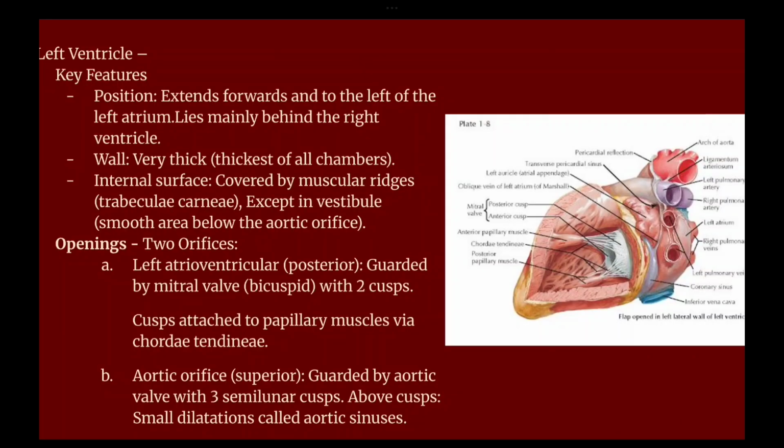Now moving to the fourth chamber, which is the left ventricle. Here the key features are the position. It extends forward and to the left of the left atrium and lies mainly behind the right ventricle. The wall is very thick; compared to all other chambers, it has the thickest walls.